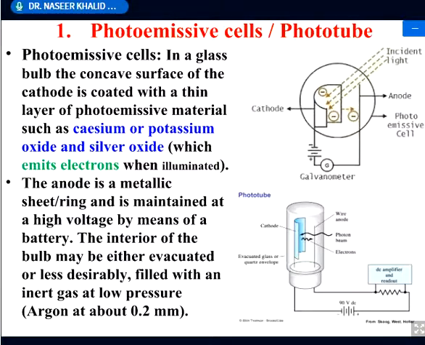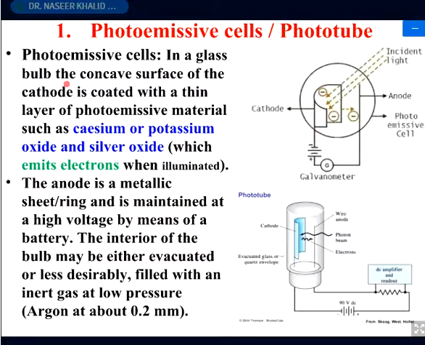What is a phototube? It is also known as a photoemissive cell. This is the photoemissive cell, with a glass bulb.